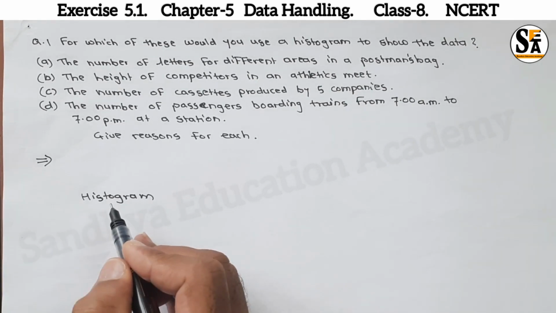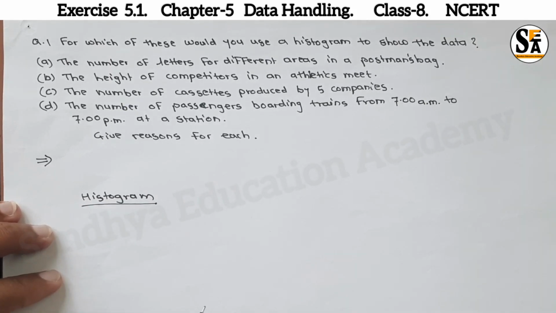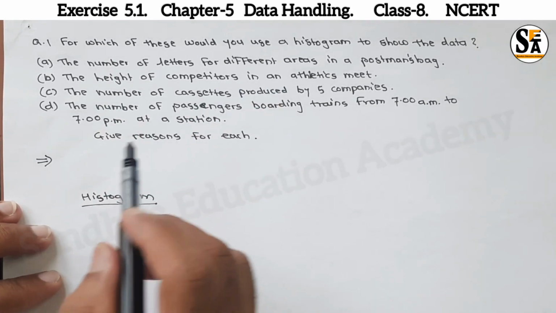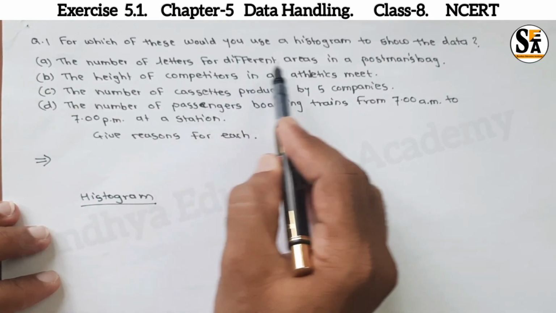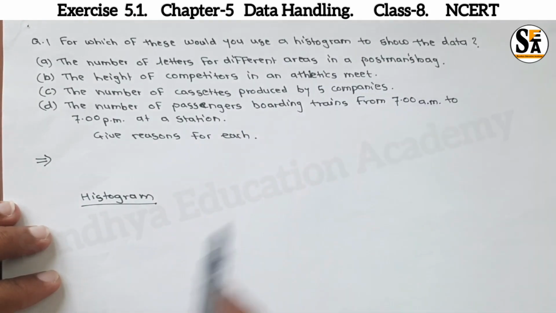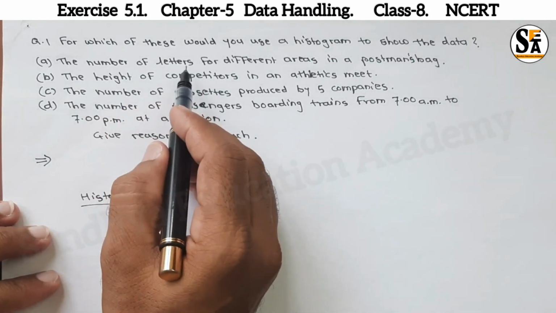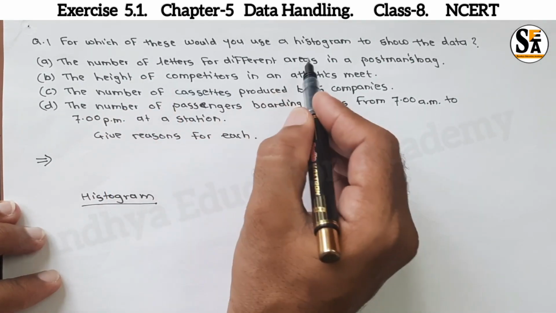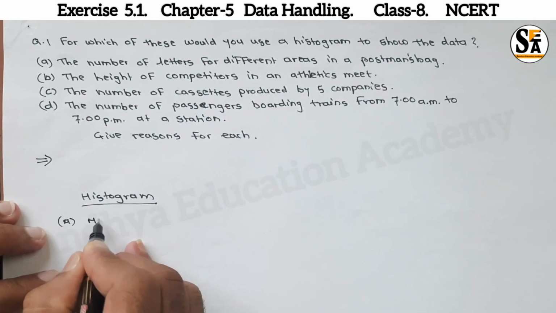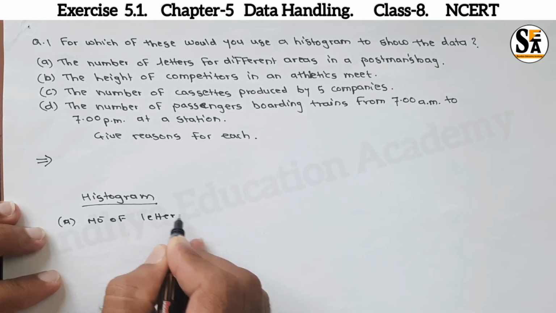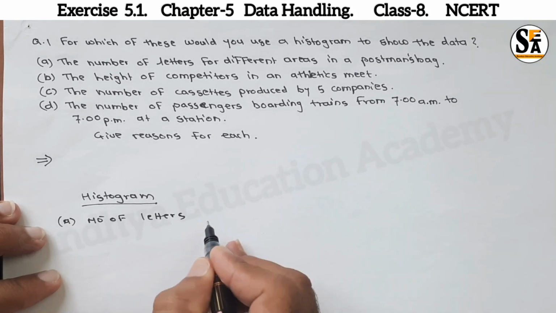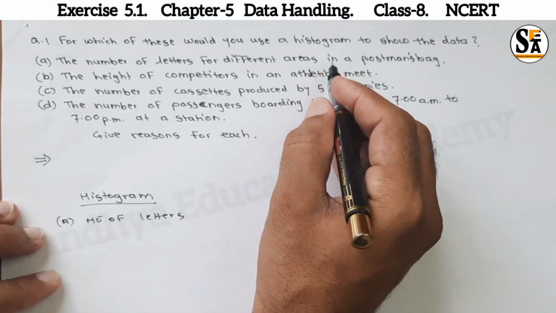So this is the histogram. Now the first situation. What is the first situation? The number of letters for different areas in a postman's bag. Number of letters and area, two terms are there. Number of letters is the raw data, and another is area.